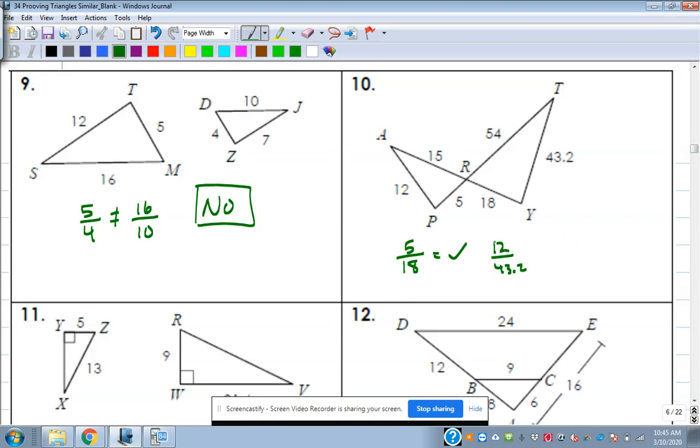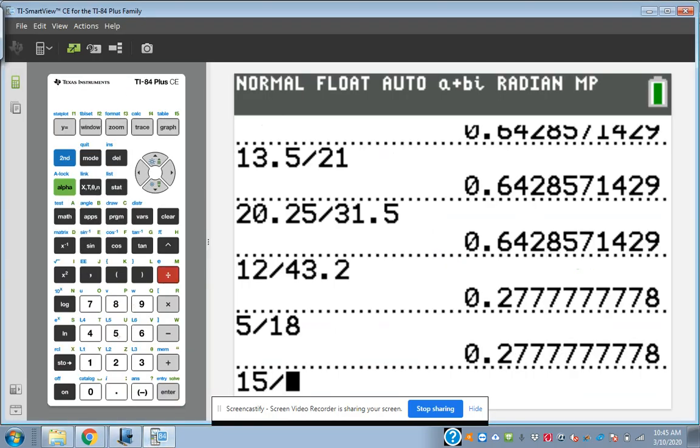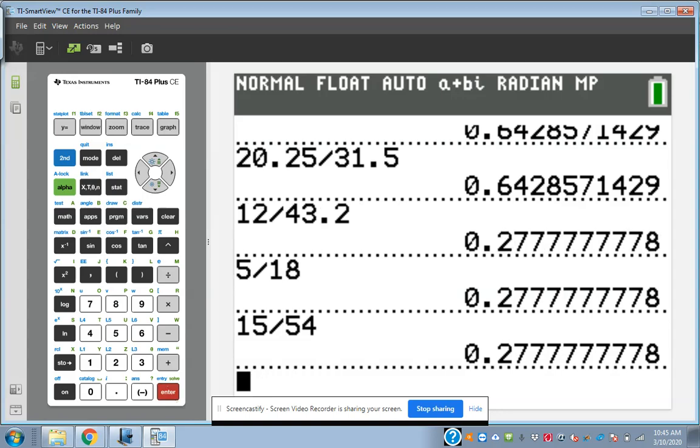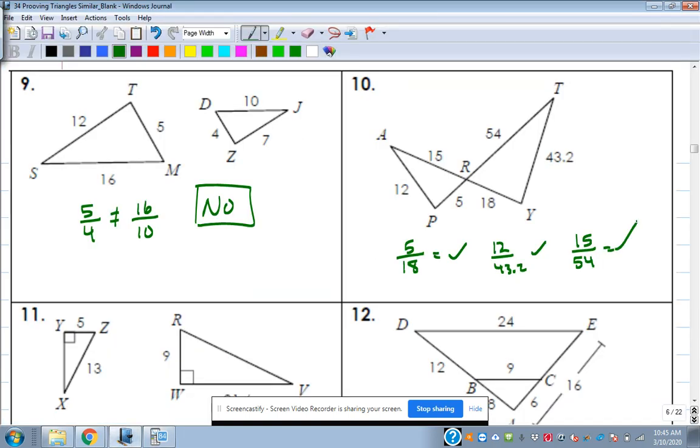15 over 54. Does that equal the right thing? Boom, it does. Check, check, check. Yes, they're similar. Now let's get that similarity statement.